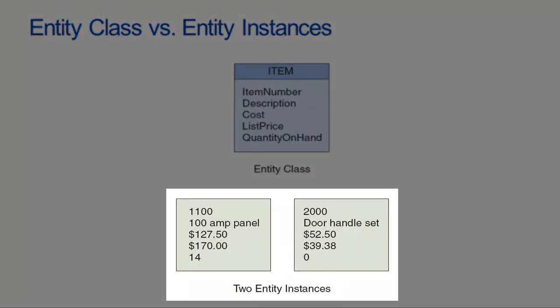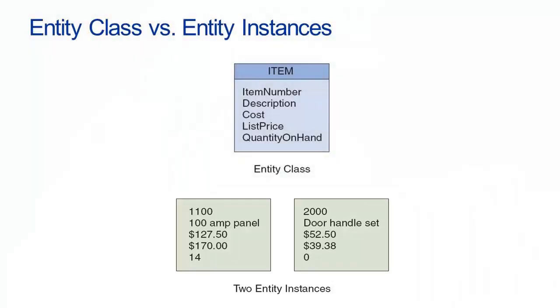So the instances of the entity represent an instantiation of the entity class. This idea, if you've had some object-oriented programming, is directly analogous to the concepts of a class and an object in the object-oriented programming paradigm.